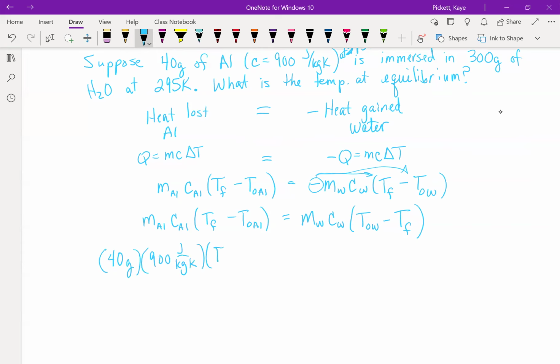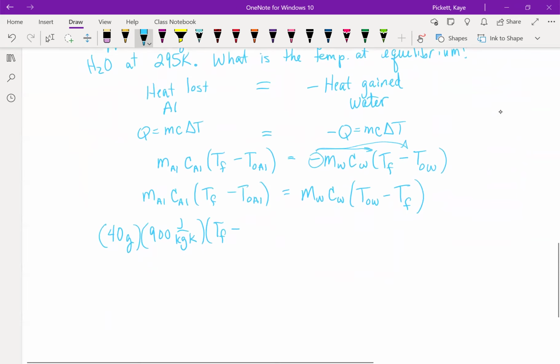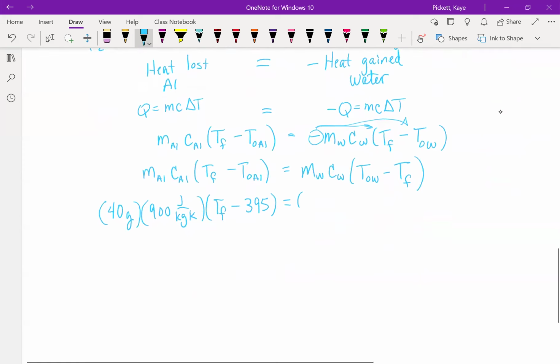My final temperature is my variable, and my initial temperature was 395. And this is now going to be 300 grams, and the specific heat of water is 4186 joules per kilogram Kelvin. And the initial temperature of the water was 295 minus the final, the equilibrium.